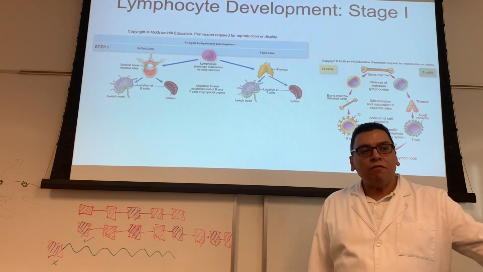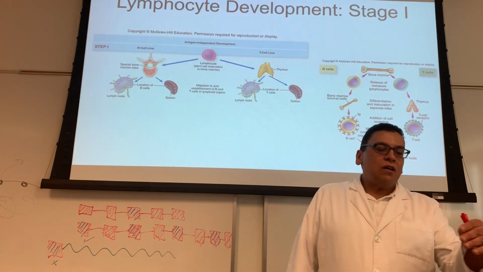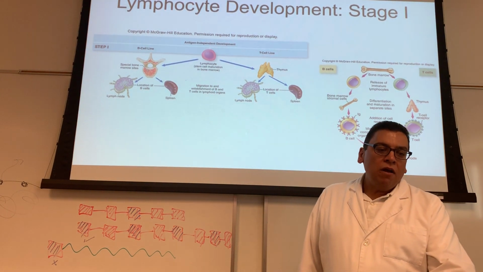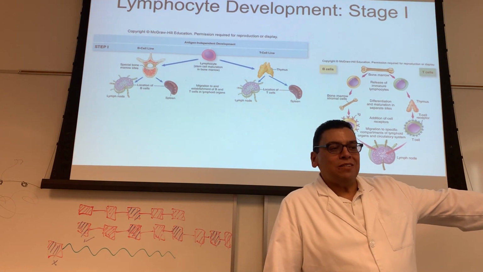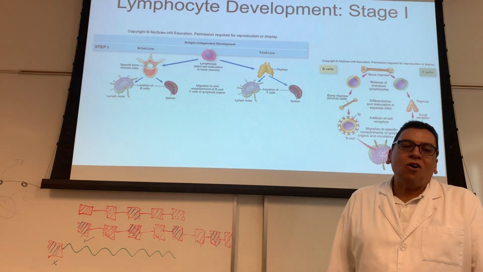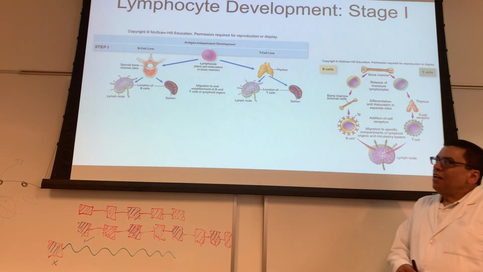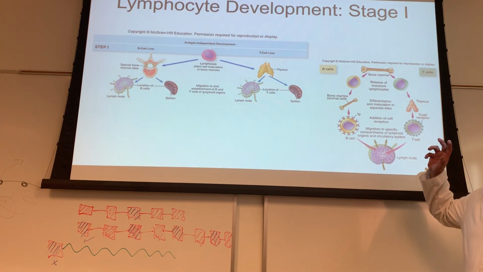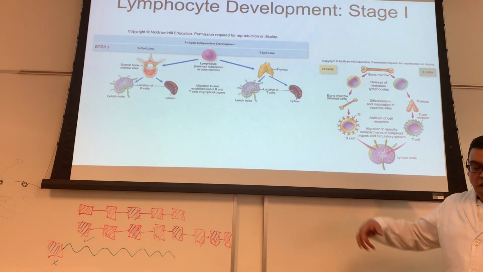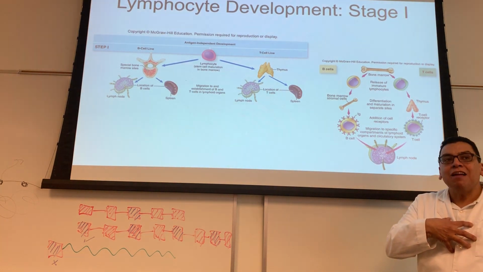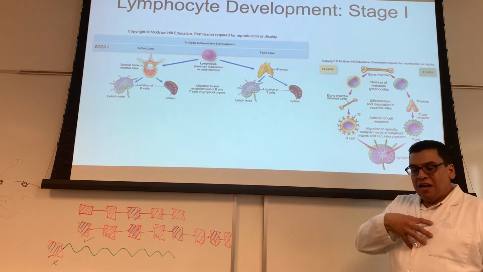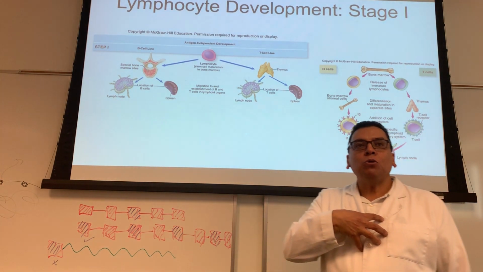The T cells are different. T cells are born in the bone marrow, go to their cousin's house to mature, the thymus. And that's why they're called T cells. The T cells develop in the bone marrow and move to the thymus, not thyroid, I said thymus. And they live there until they mature.